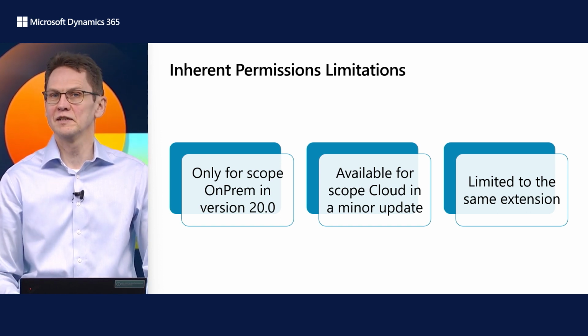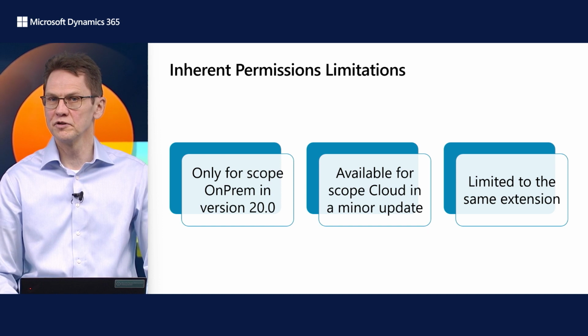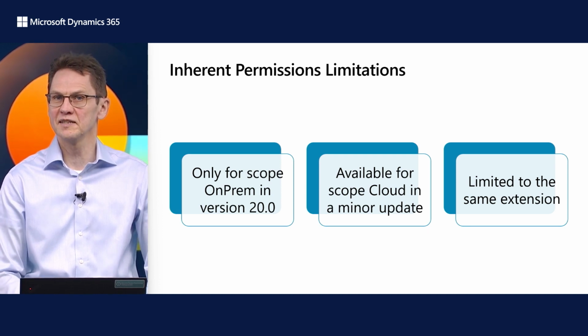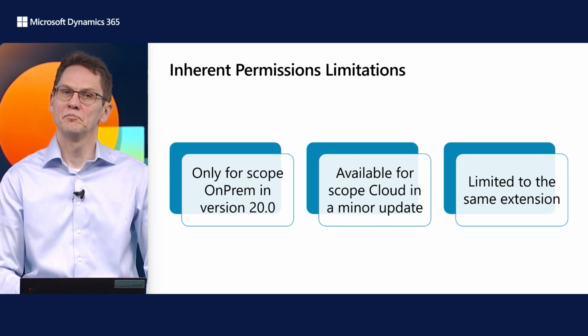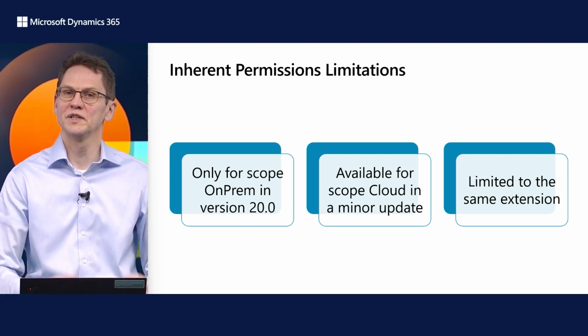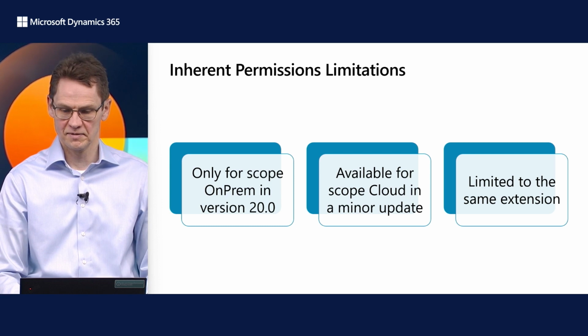So effectively, it means that in 20.0, it is only the Microsoft Base App that can add these inherent permissions. But as mentioned, this will be added for everyone in a minor release. If you want to hear more about all of these permission improvements, then we have a specific session, What's New in Permissions, where you'll see a lot of examples of how this is being used.